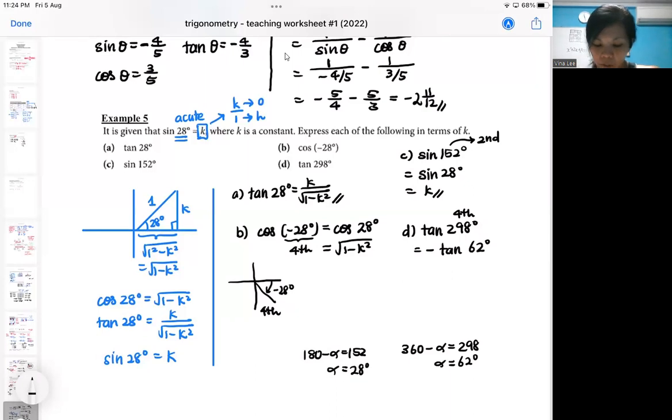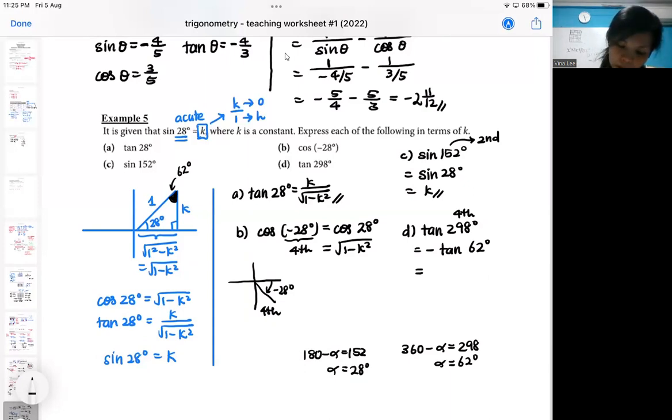But where am I going to get the 62? Do you realize the whole question doesn't have a 62? So it's actually here. You go and do an angle sum, you will find that this is a 62.